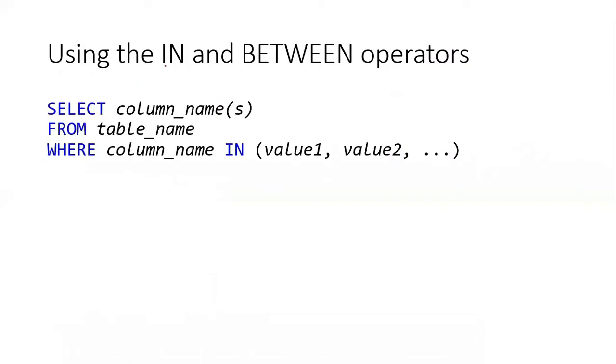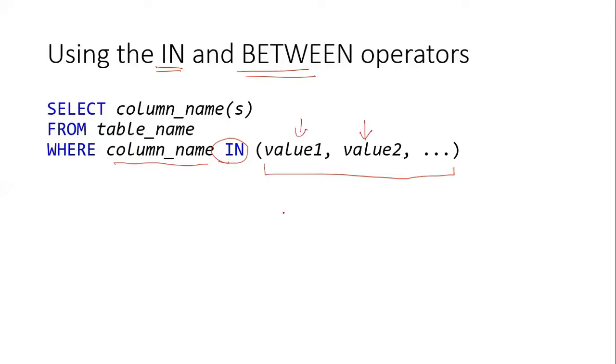Let's now look at how we could use the in and between operators. Here we use the select from, where the field is in, and we define a particular set with the values that we want to check within the set.